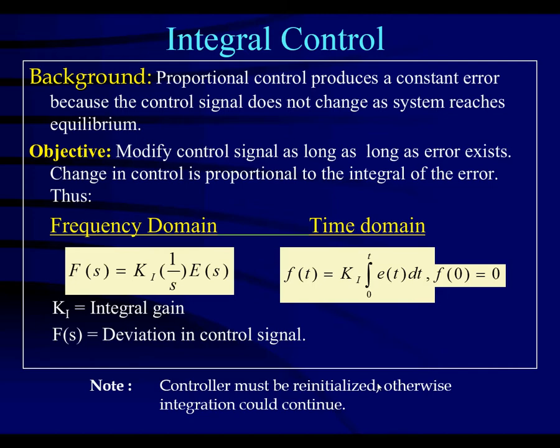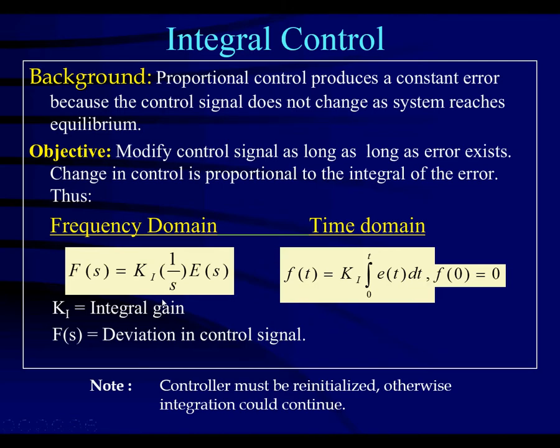So how do you actually implement this? A signal that represents integral control will have a constant, which would be the integral control constant, and then the error here, we're going to multiply by an integrator, in this case by 1 over s.